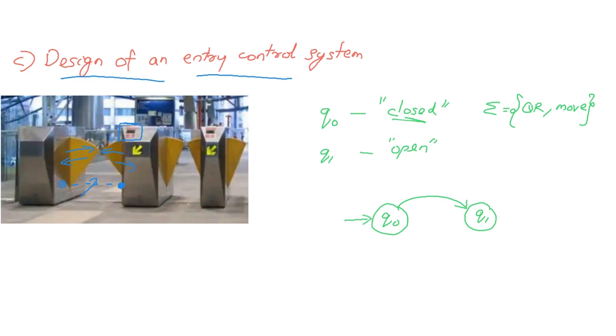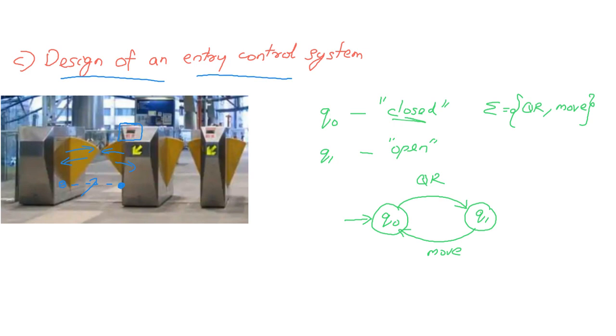So when you show a QR code, the transition happens from Q0 to Q1, and after that, if you are moving in, then the IR rays will be cut, and the flaps will automatically close. So when you make a move inside, from Q1, which is an open state, it will shift to Q0, which is a closed state.